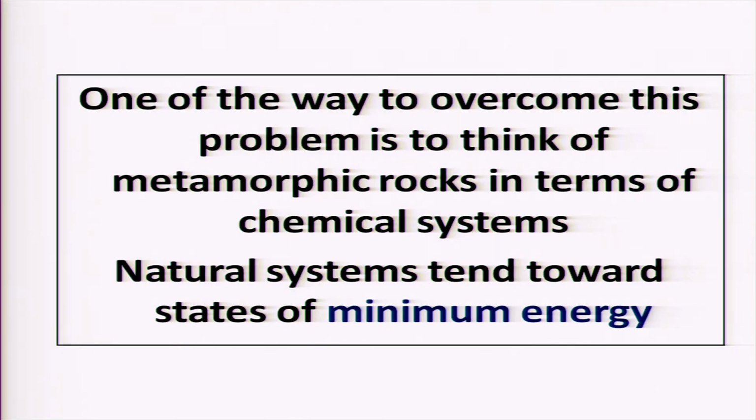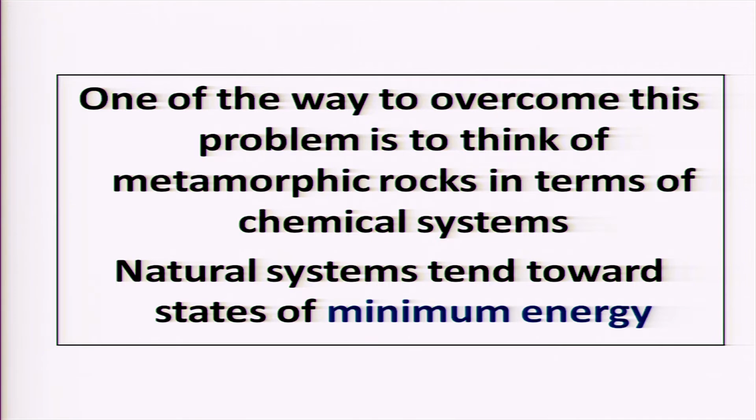So, this necessitates a different approach from the one applied to igneous and sedimentary rocks, for the metamorphic rocks. One of the ways to overcome this problem is to think of metamorphic rocks in terms of chemical systems. The chemical systems are in terms of the chemistry of the rock, which means that each rock represents one particular chemical system.